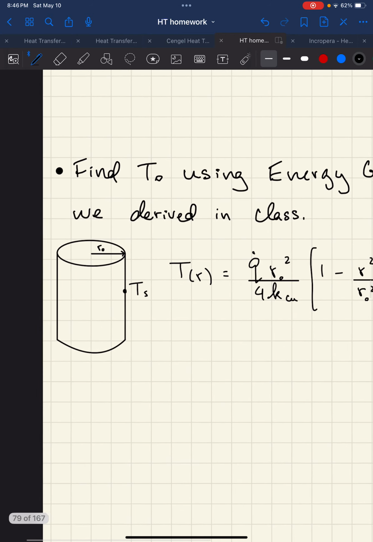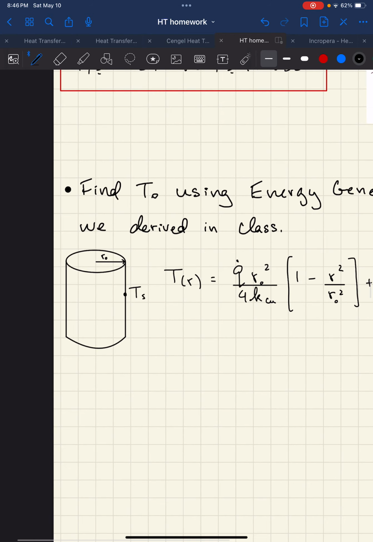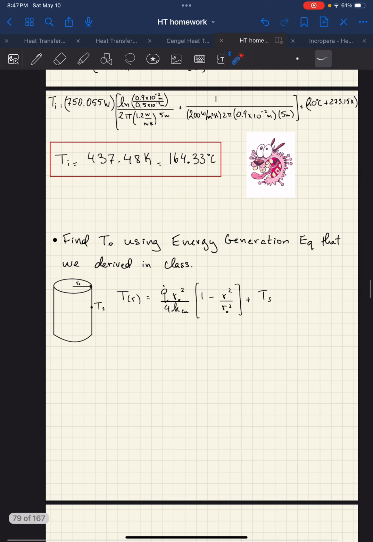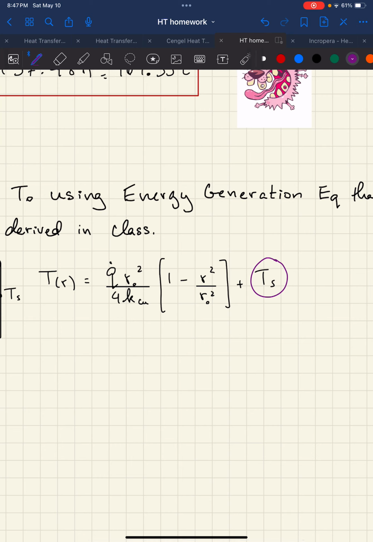We have to make some modifications because for our problem, the cylinder corresponds to the conductor. So R naught corresponds to the radius of the conductor. And then what they call Ts is actually what we call Ti. It's the temperature right here on the surface of the conductor. So we have to make some adjustments. So I'm just going to note that. This guy should be modified.